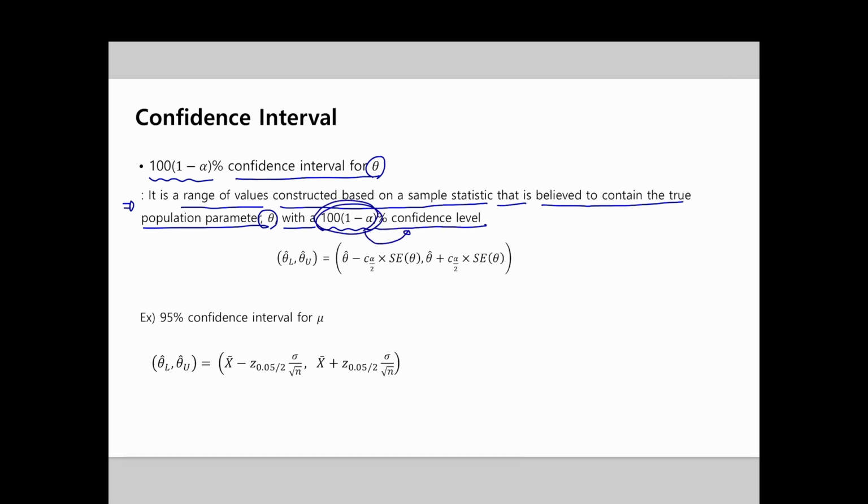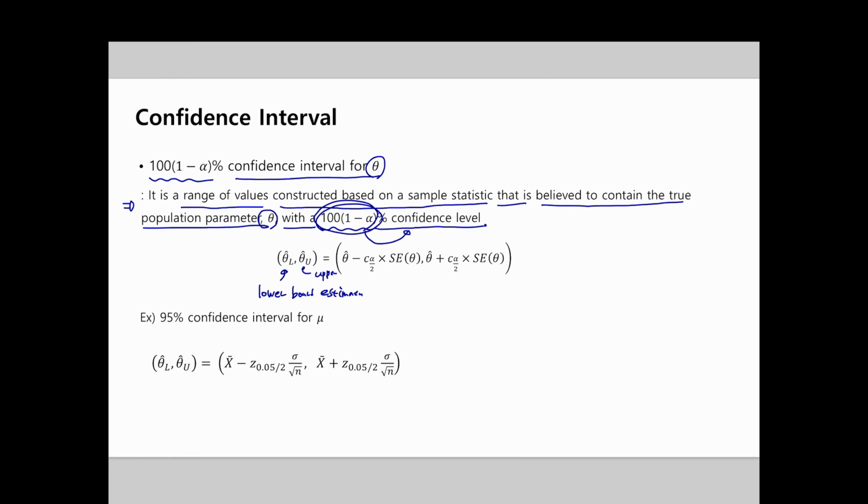So the confidence interval has a lower bound estimator and upper bound estimator.